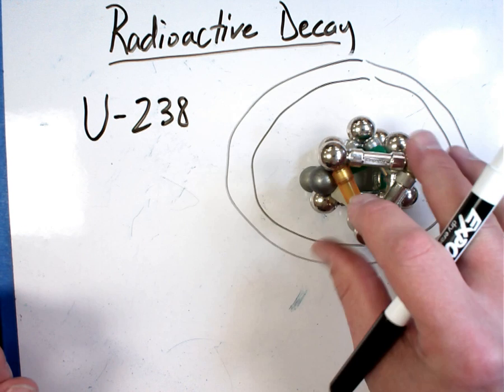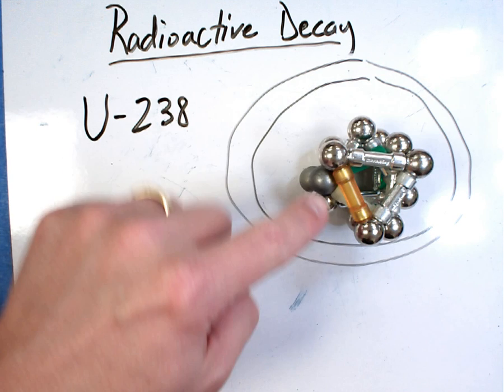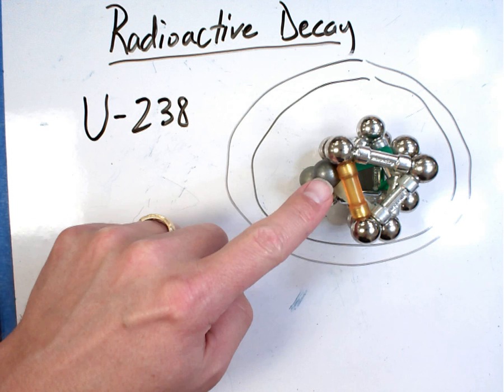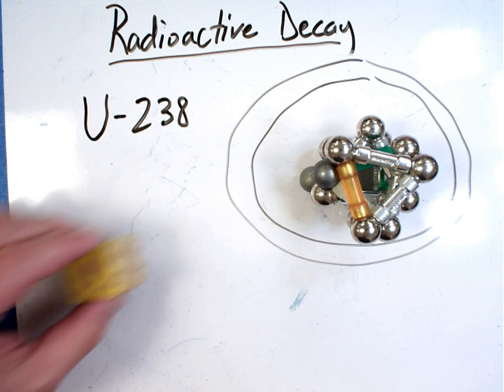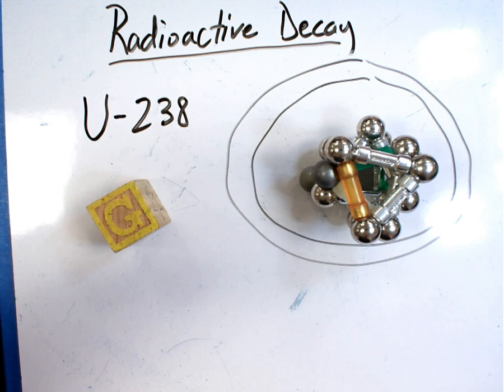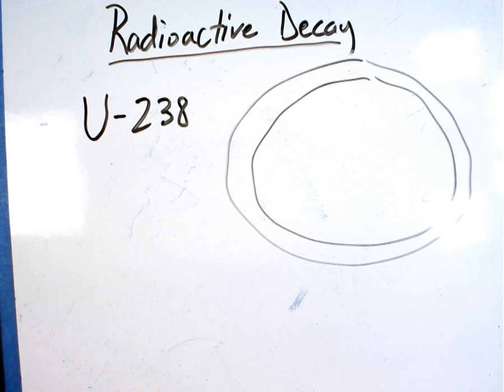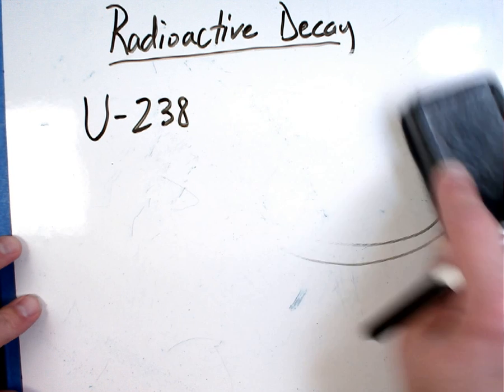This nucleus gets too large. When you get 84 and above, for some reason it's too large and it can't stay together. Just like that stack of blocks that I was just using. As I started adding them higher and higher, there was a point at which they fell apart. And that's what happens in radioactive decay.